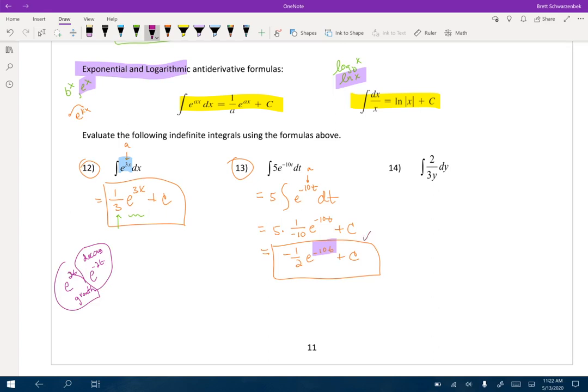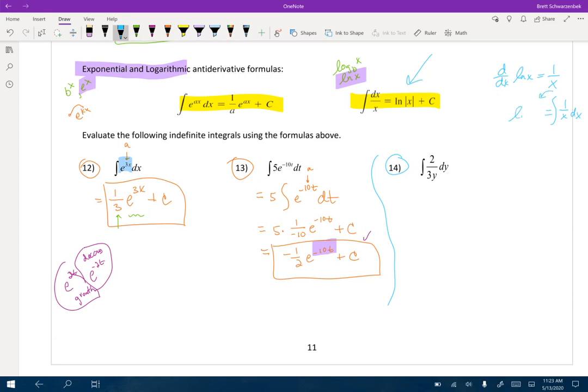Okay, so the last problem concentrates on our formula up here. If we take the derivative of the natural log of x, review, that gives us the base function 1 over x. So it makes sense: if we take the antiderivative of 1 over x dx, then that's going to bring us back to the natural log of x.